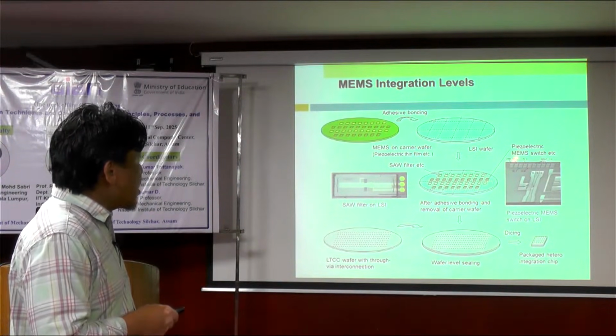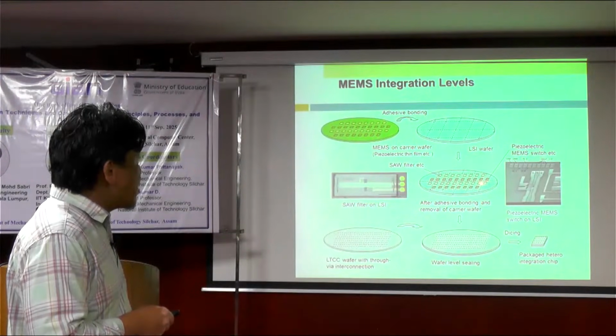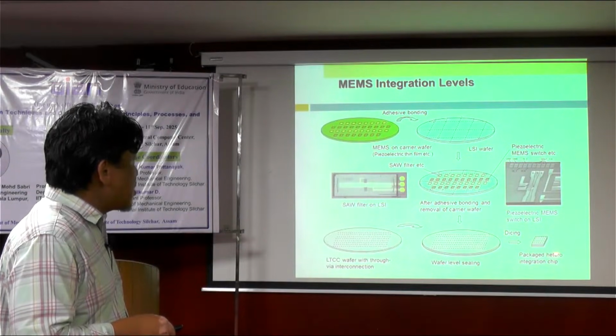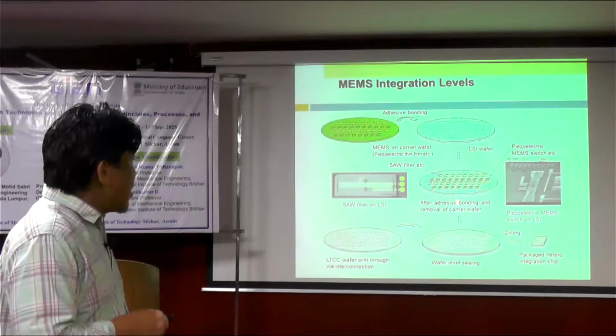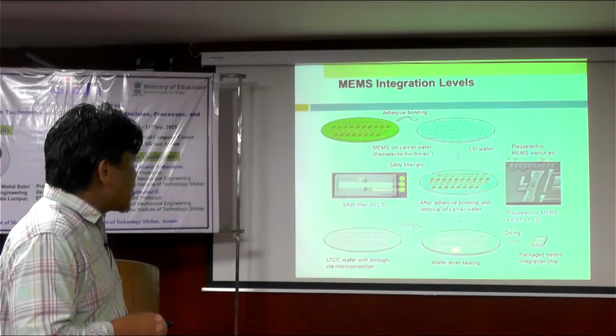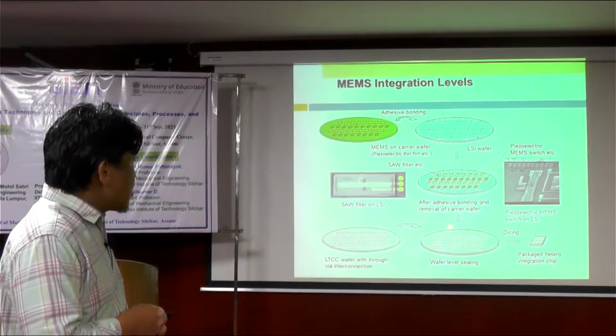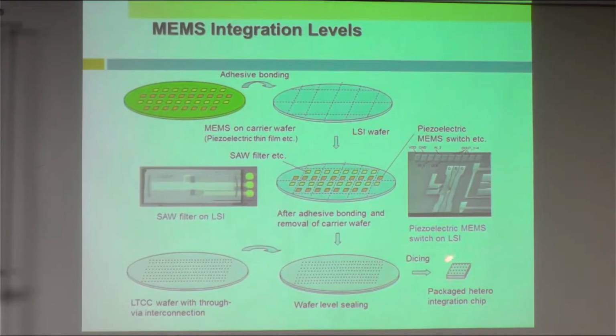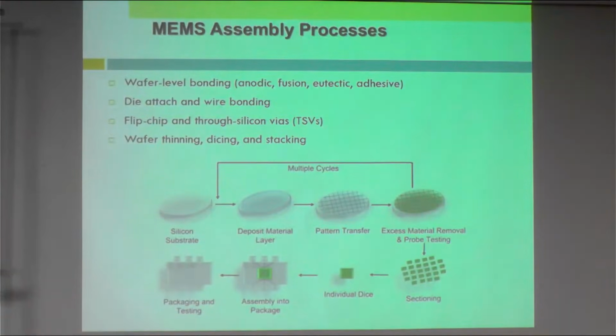For example, you can have a piezoelectric MEMS switch on top of this, and you have your LSI wafer at the bottom. So now you have one single package hetero integration chip, where after the bonding you do maybe some processing, then the wafer level sealing is attached tightly, and then you dice into one single package of chip with the function of MEMS devices, such as MEMS speakers or MEMS microphones.